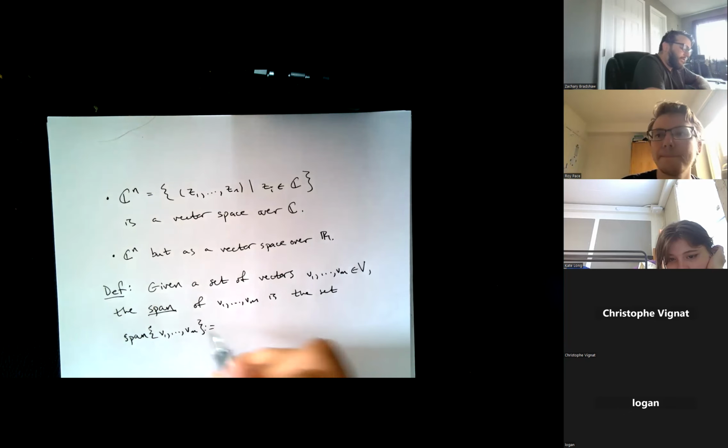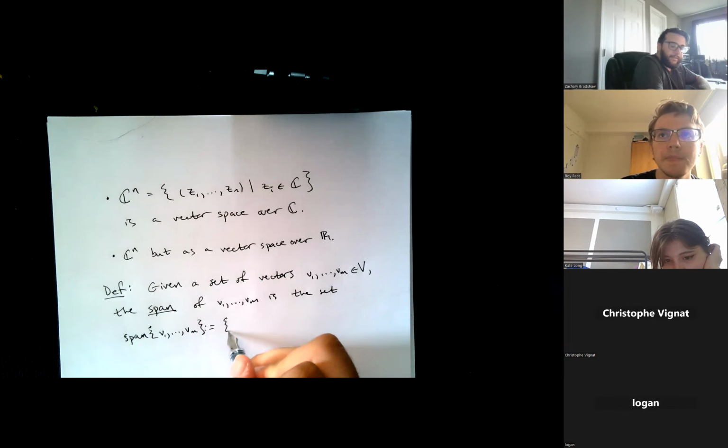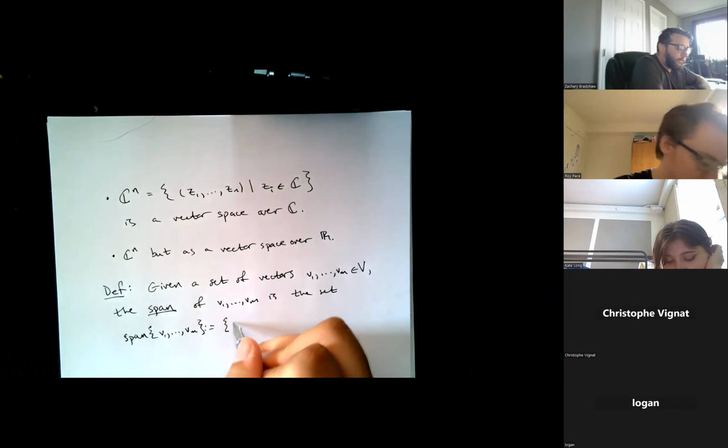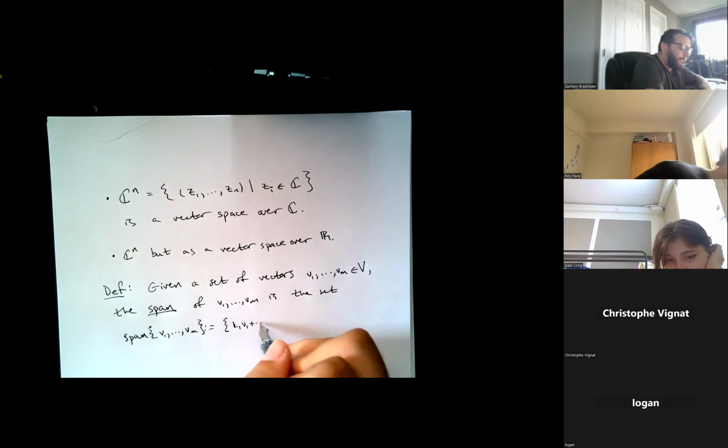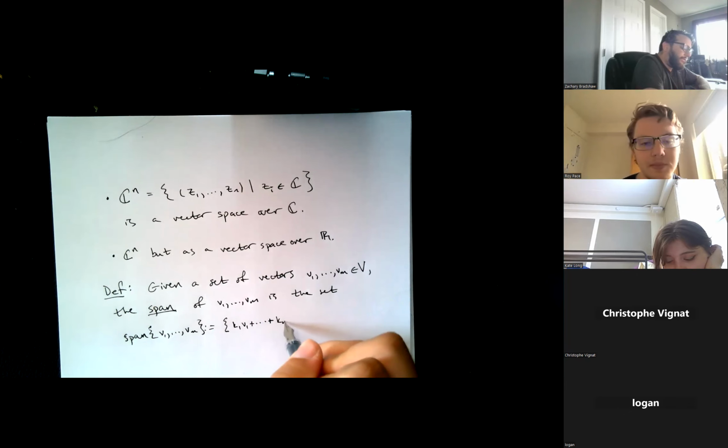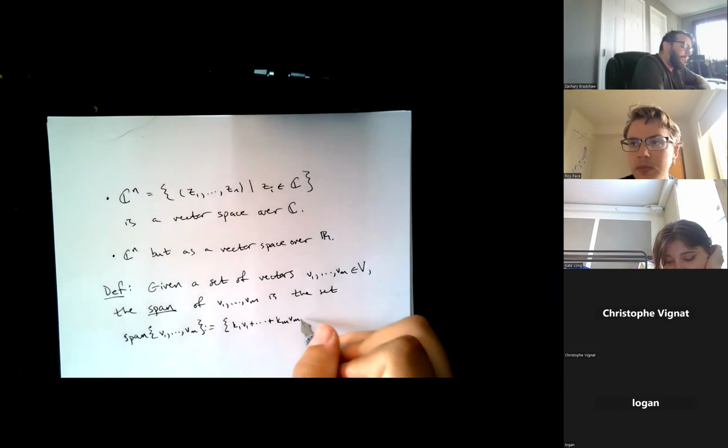And the way it's defined is it's the set of all linear combinations of elements in that set.